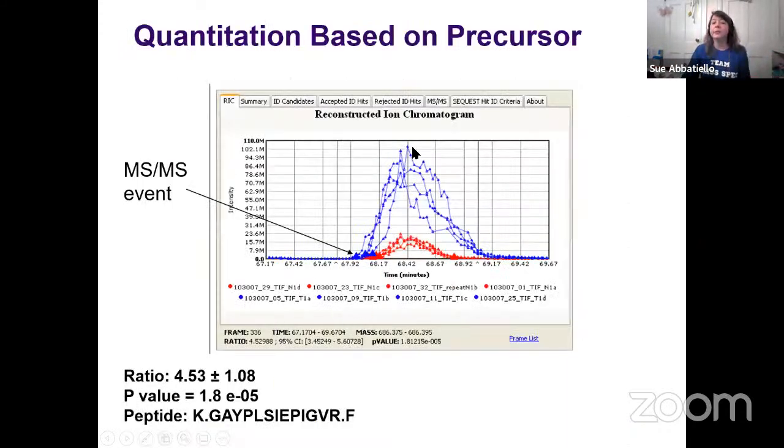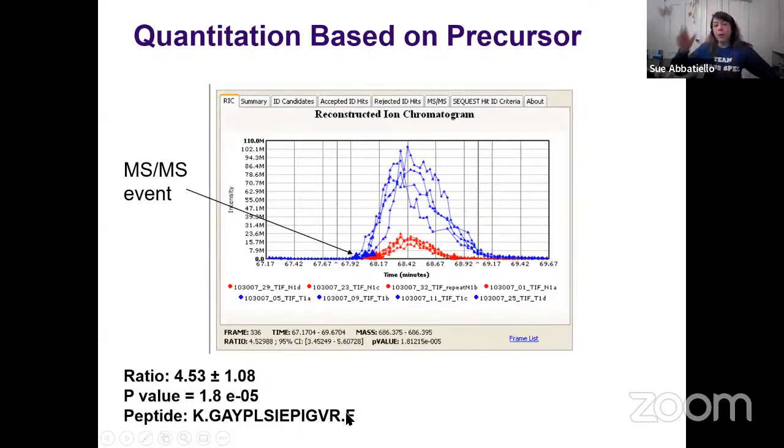Once they're aligned, then you can begin to pull out individual peptide data from the MS spectra. So here's an example doing quantitation based on the precursor, where we've got the 4 blue replicates, the 4 red replicates. MS scans were taken at the little diamonds, and MS events were taken with these big triangles. And we're able to get a ratio based on the peak area of the average of the blue, the average of the red.